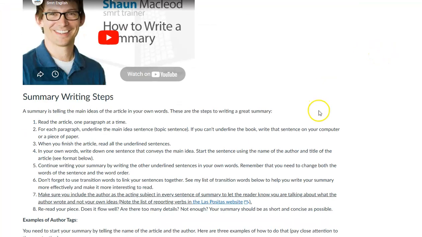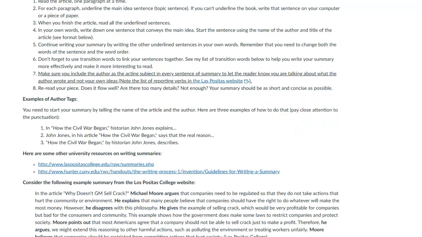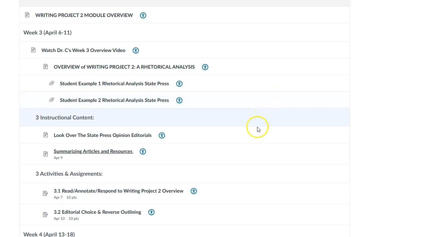This page is all about the importance of writing a summary in a manner that your reader recognizes they are reading a summary, which is a little more tricky than we think. We're not just paraphrasing, we are summarizing. So this is really important. Watch out for that, look over that content, and it will come into play later in the week.